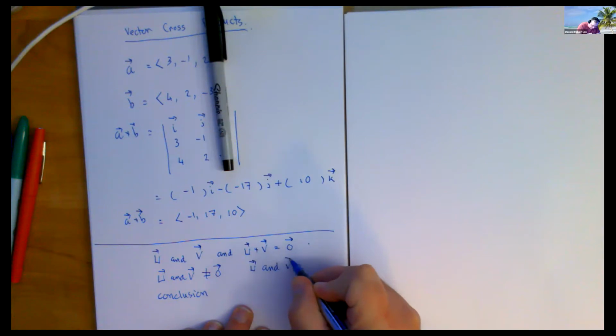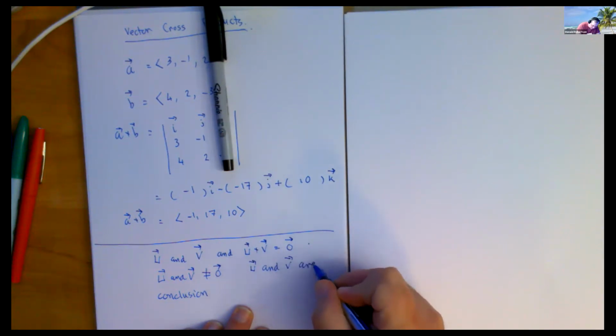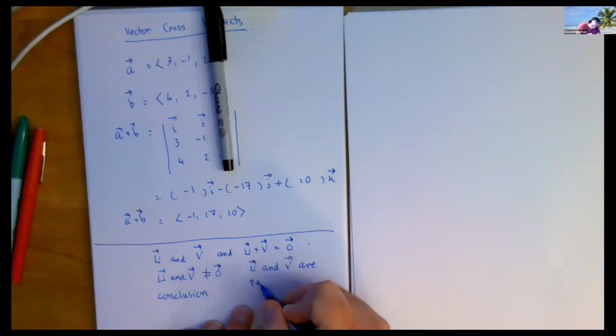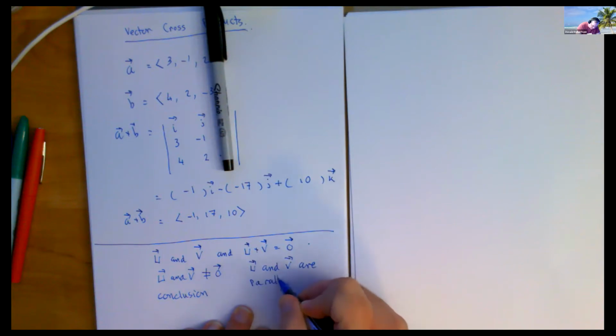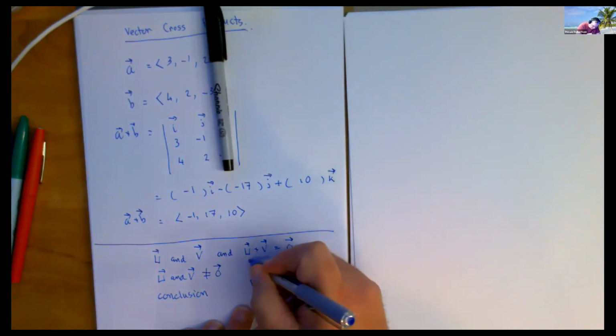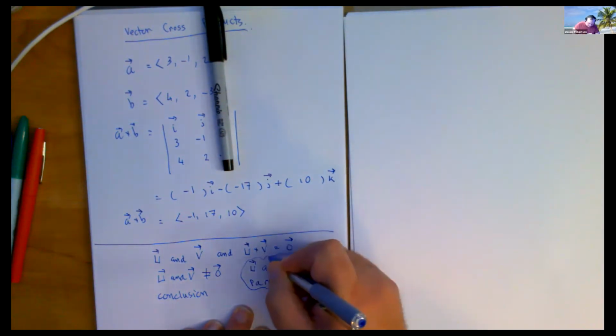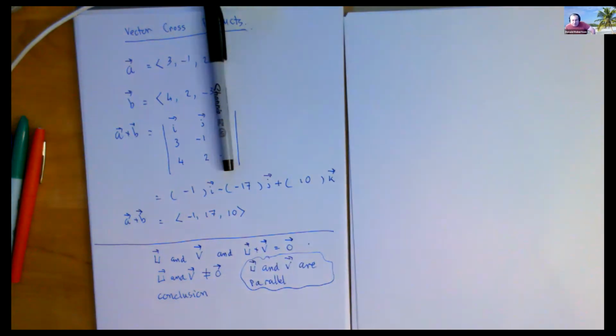But U and V are parallel. Now, coplanar doesn't necessarily mean parallel. In fact, two vectors are always coplanar by the definition of coplanar. Three vectors are coplanar is the usual way that you talk about coplanar.